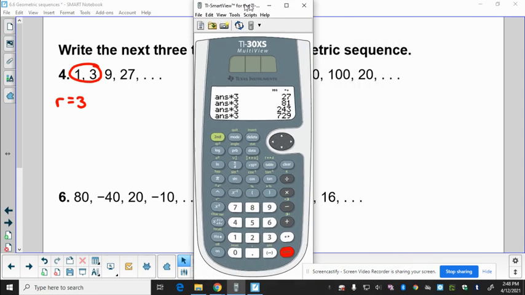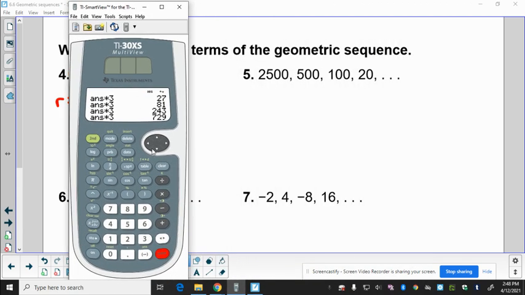Let's go over to number 5. I'm going to take the first two numbers and divide them in reverse order. I'm going to get my common ratio of 0.2. Okay, so I'm going to write that down. The common ratio is 0.2.